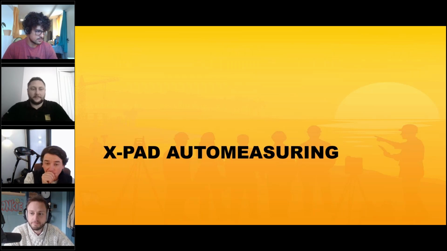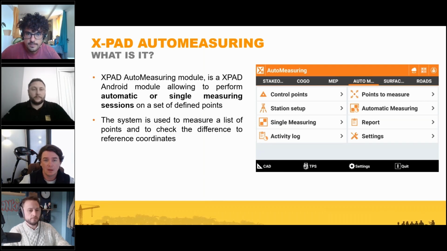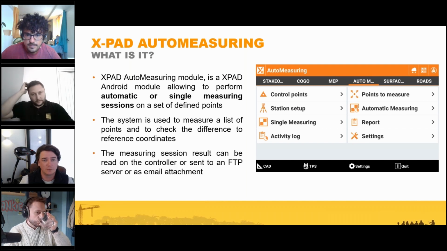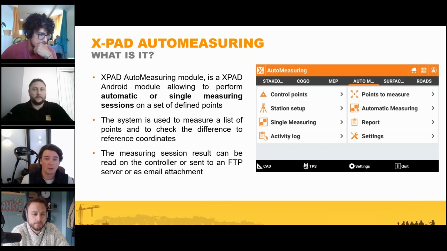So I'll get through this pretty quickly, I hope. But basically, it's an introduction to the monitoring side from Geomax, which is an X-PAD solution. So we have a standalone module called X-PAD Auto Measuring, which gives you options for single and automatic measuring within this module.